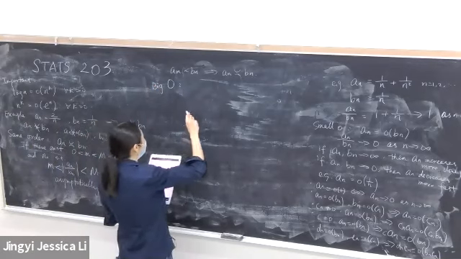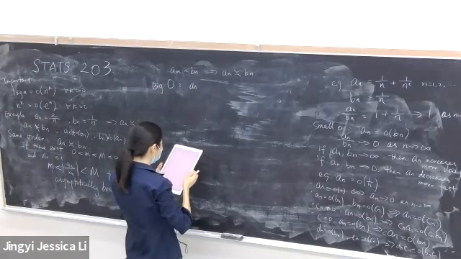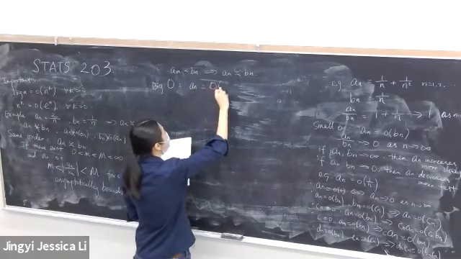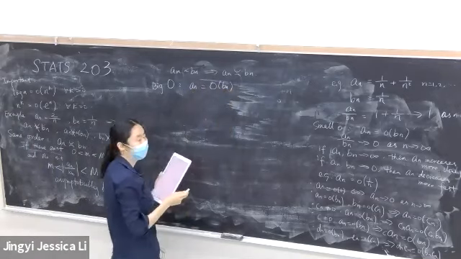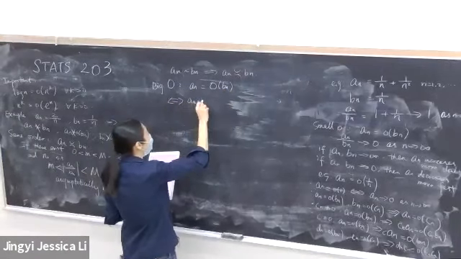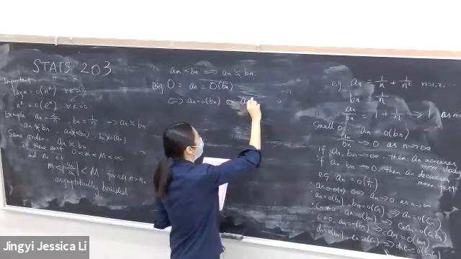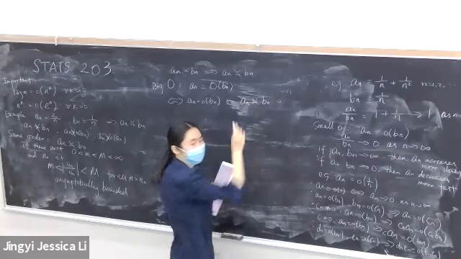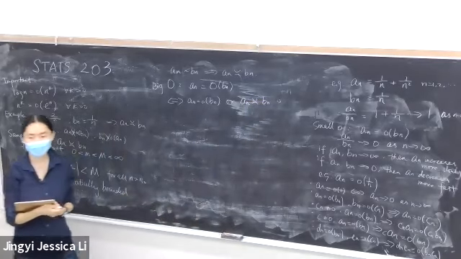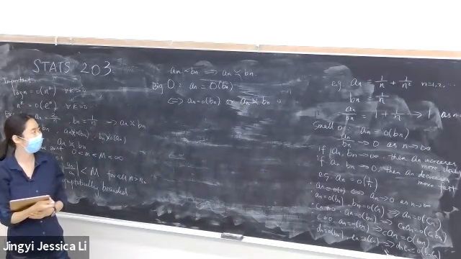So I write a_n as big O of b_n. It means that either a_n is small o of b_n or a_n is the same order as b_n. If one is satisfied, then we're good and we can write big O.